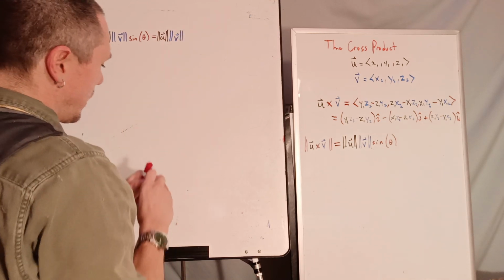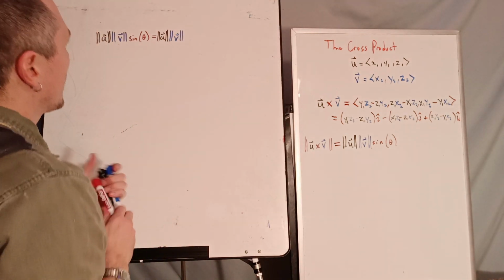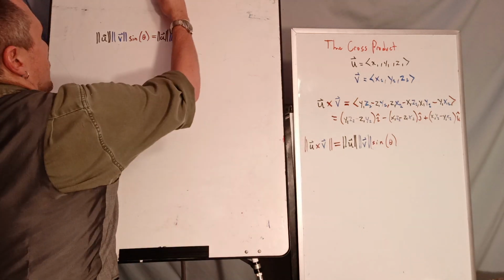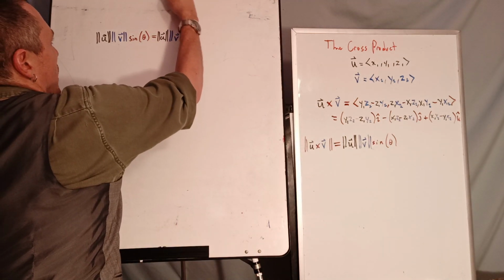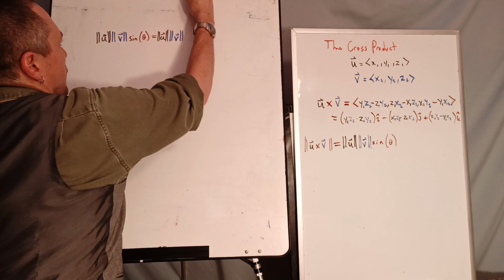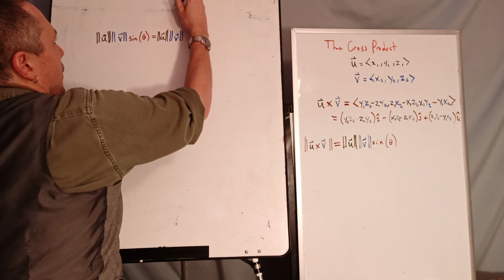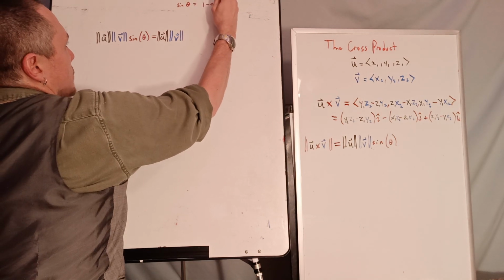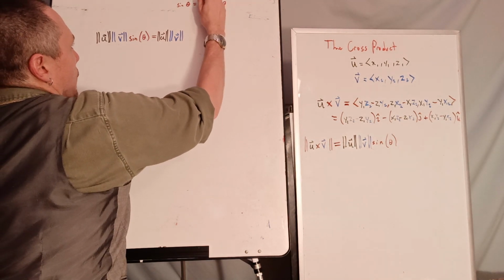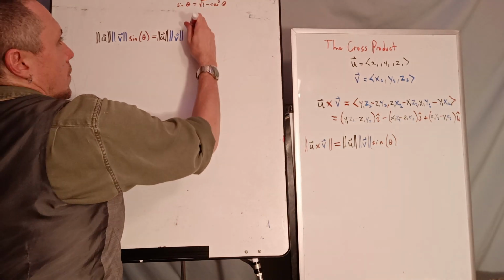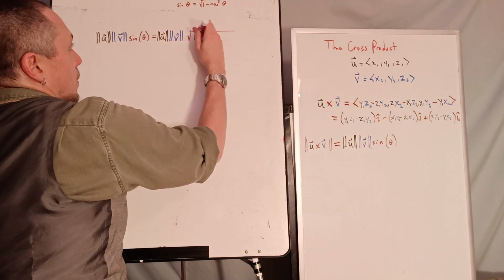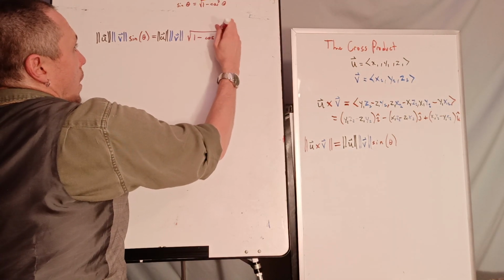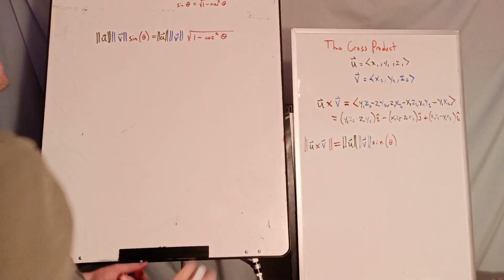And specifically, remember the Pythagorean identity. You know that sine squared of theta plus cosine squared of theta is equal to 1. In other words, solving, sine of theta is the square root of 1 minus cosine squared of theta. Okay?